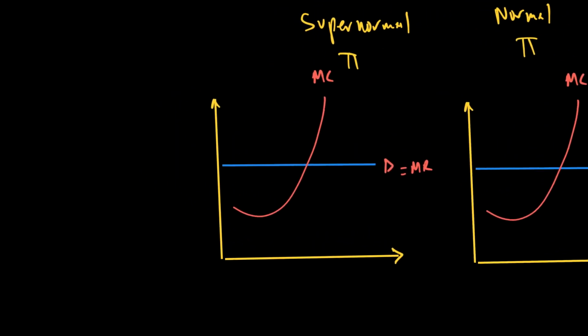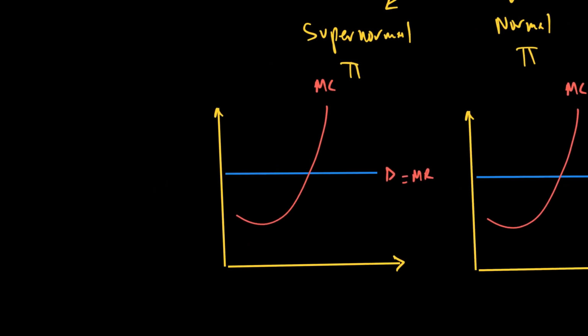So let's focus on supernormal profits now. Where I said that price must be greater than ATC, because total revenue is more than total cost. So I'm going to make my average total cost in a manner that it should meet marginal cost at its lowest point, ATC's lowest point, and that my price, let's say price is $10, which is also my demand or MR, should be above my ATC at that quantity where I'm maximizing profits.